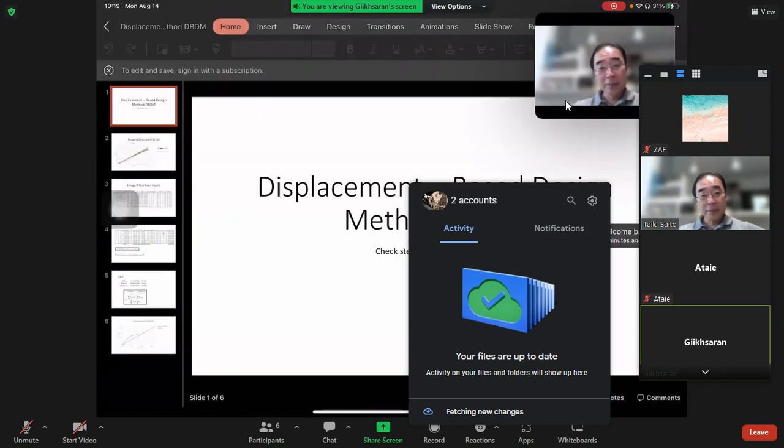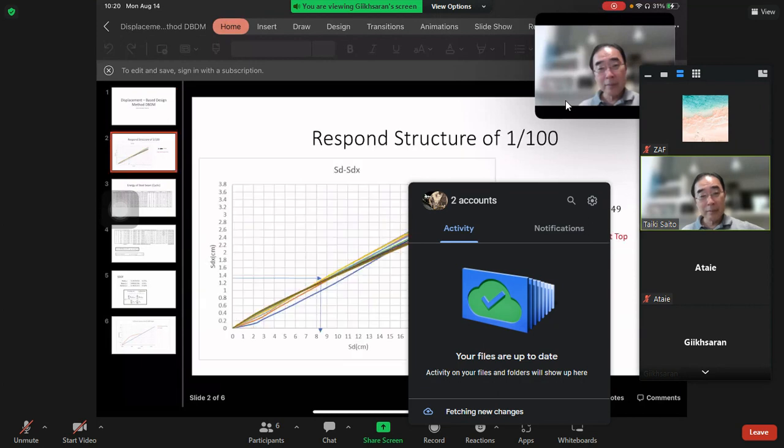Okay, now I'm going to talk about the displacement-based design method. I checked the steel being 750 and 750. First of all, this is 1 divided by 100. From this, I found the target drift angle at the top.